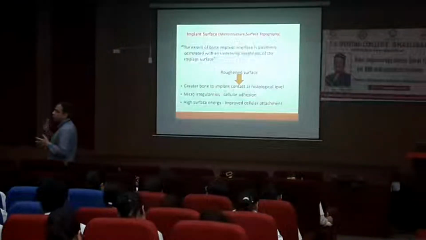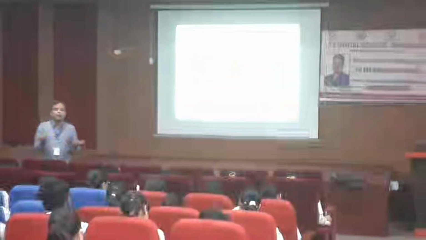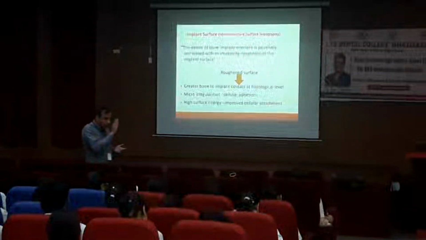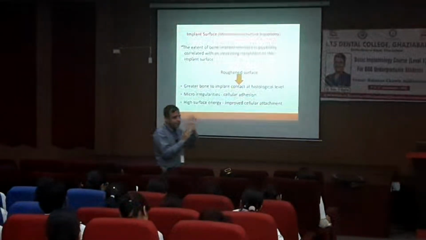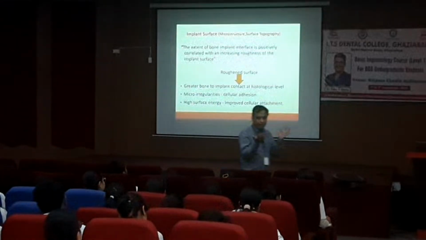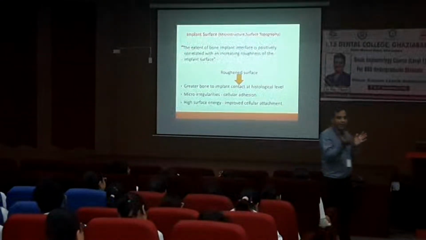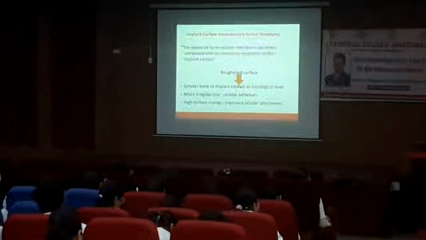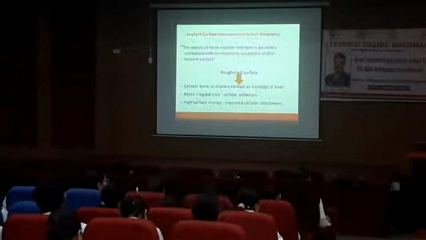But over a period of time, what we saw, there were more failures because the bond between the HA we placed and the implant surface, the titanium, broke. So we saw more and more failures there. There are still a lot of studies going on about pure titanium plasma sprayed. Those tests are going on now, but not many are available right now.